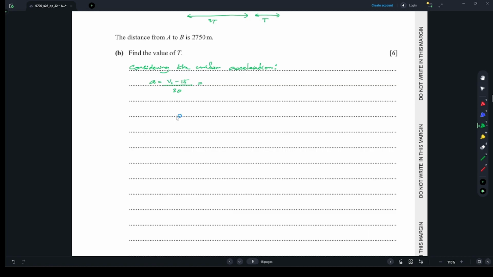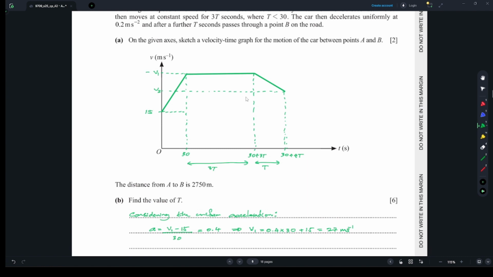This equals 0.4 because the acceleration rate was 0.4. With this you can find out V1. Cross multiply 30, so 0.4 multiplied by 30, and the minus 15 goes to the other side. So V1 equals 0.4 times 30 plus 15. The value is 27 meters per second. So this value is 27.